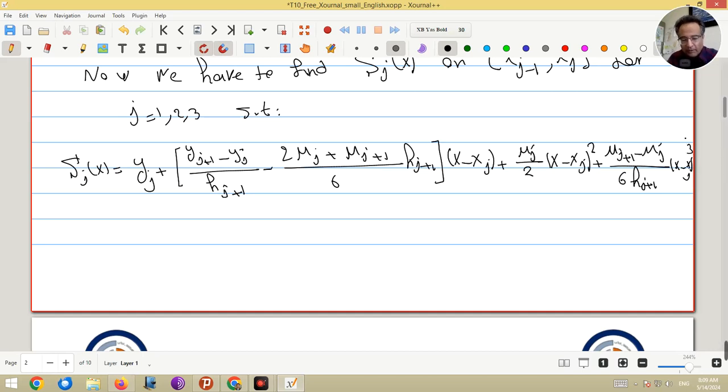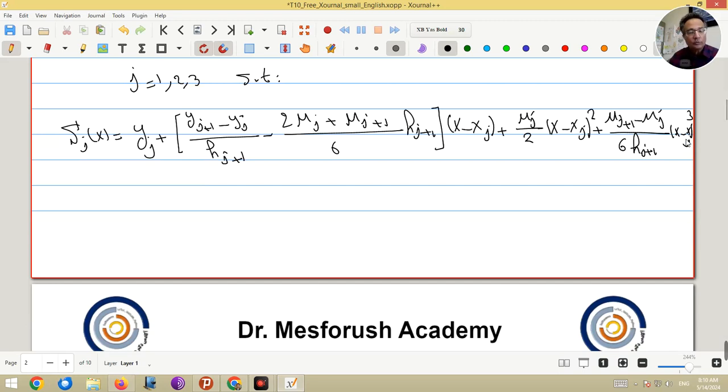Okay, now because we used the natural condition, m0 should be equal to m3 and should be equal to 0.